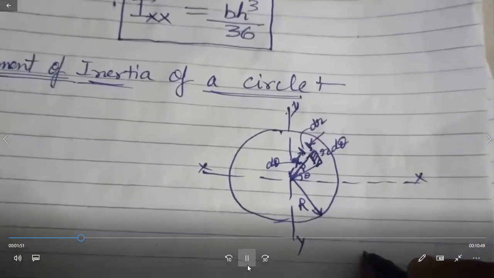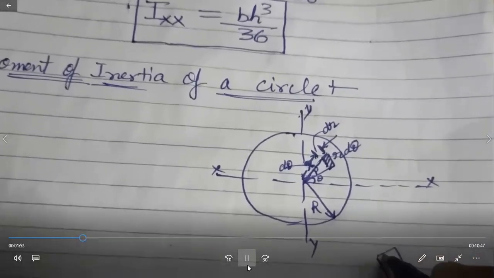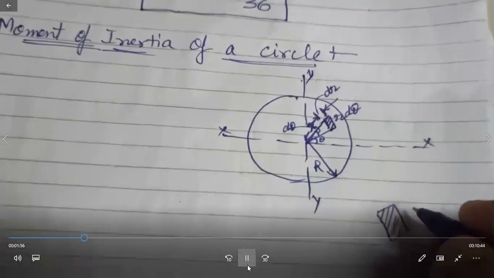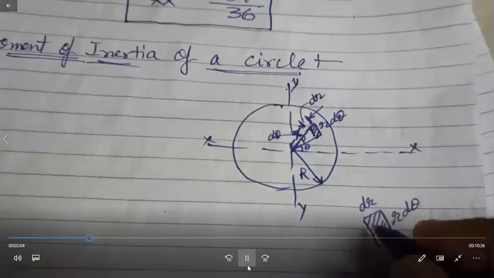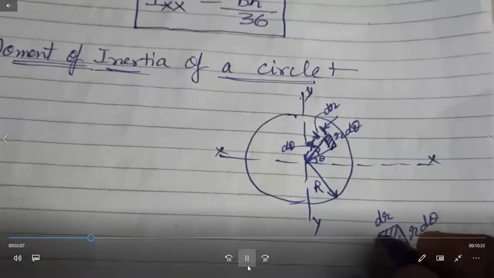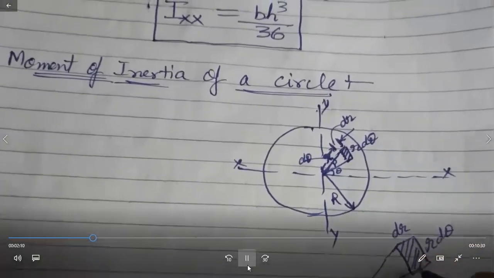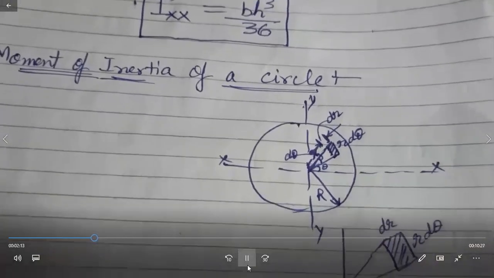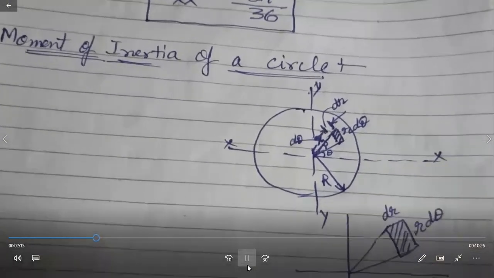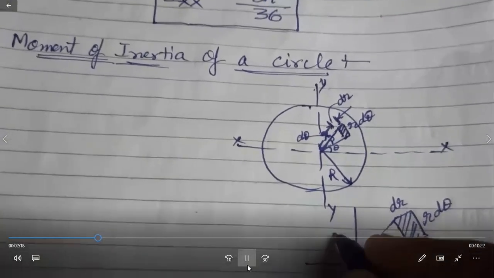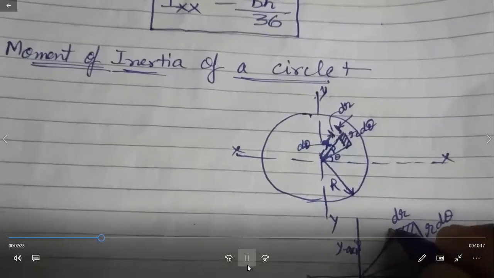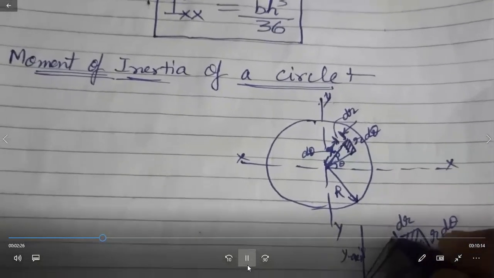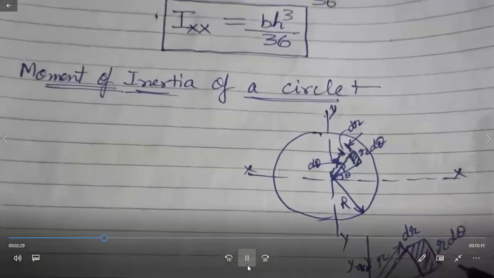So the strip is like this. This elemental area is like this. So this is r d theta and this is dr. And this is the x-axis and this is the y-axis. So now the distance of this area from here is r.